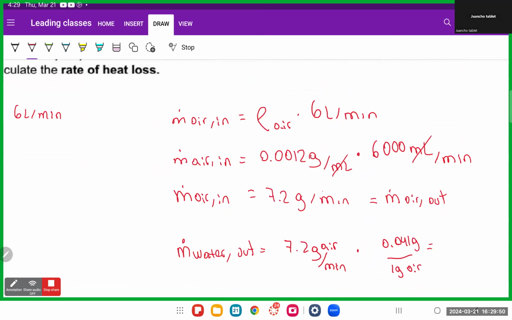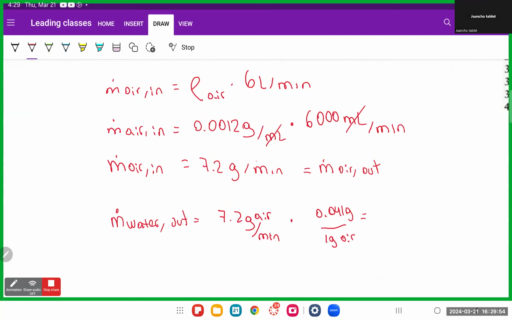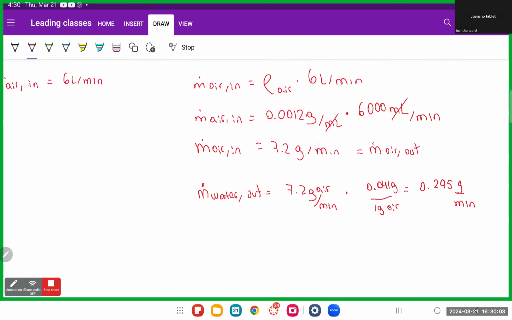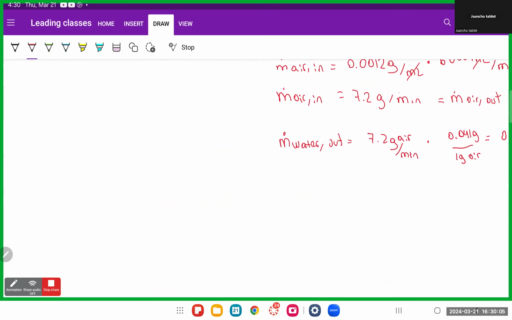And this should be equal to 0.295 grams per minute. Awesome. It's going to be very important information that we're going to use later on.